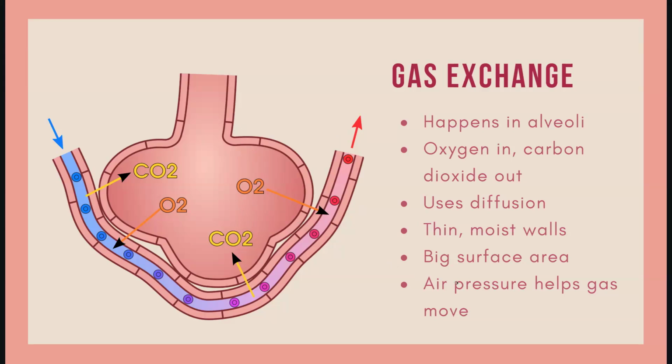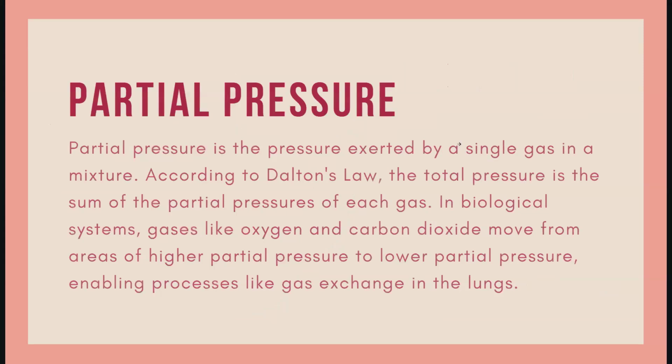And something called partial air pressure, or just air pressure in general, helps the gases move. So what is partial pressure even? Partial pressure is the pressure exerted by a single gas in a mixture. According to Dalton's law, which you guys don't need to know, the total pressure is the sum of partial pressures of each gas. So it's essentially how many particles of gas are in the air.